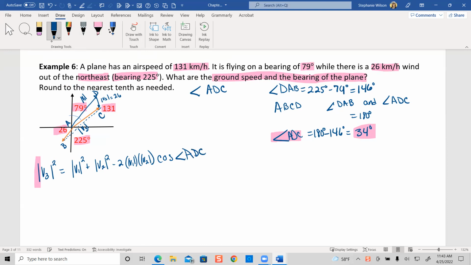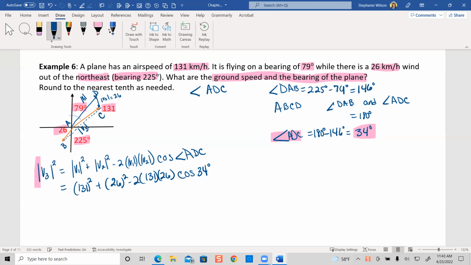Now let's just plug in what we know. Well, we know what V1 is. It's 131. V2 is 26. Let's just finish plugging it in. And then we have cosine of 34 degrees.